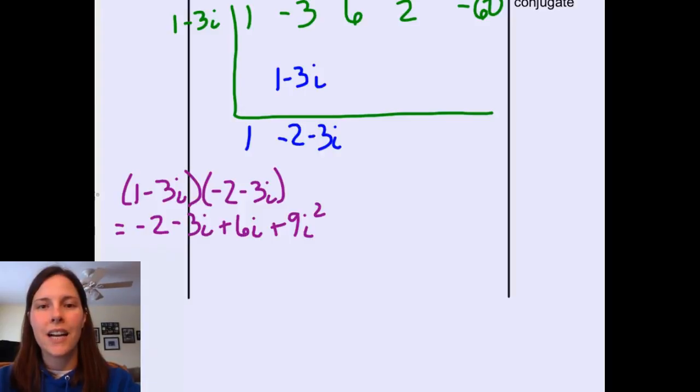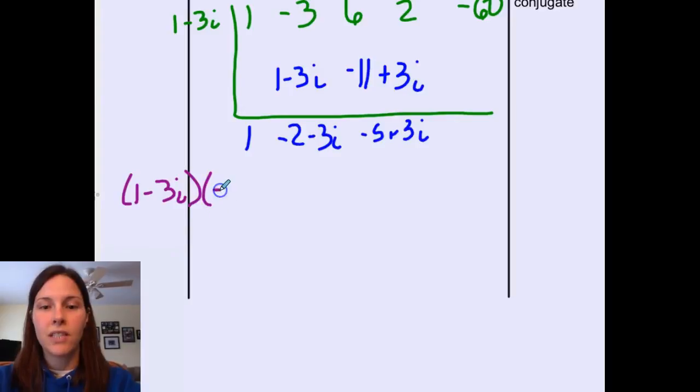So the 9i squared becomes -9, adding it to my -2, and the -3i plus 6i gives me a 3i. Adding my real numbers together, 6 minus 11, plus my 3i. FOILing again with my zero, this time I'm FOILing by -5 plus 3i.